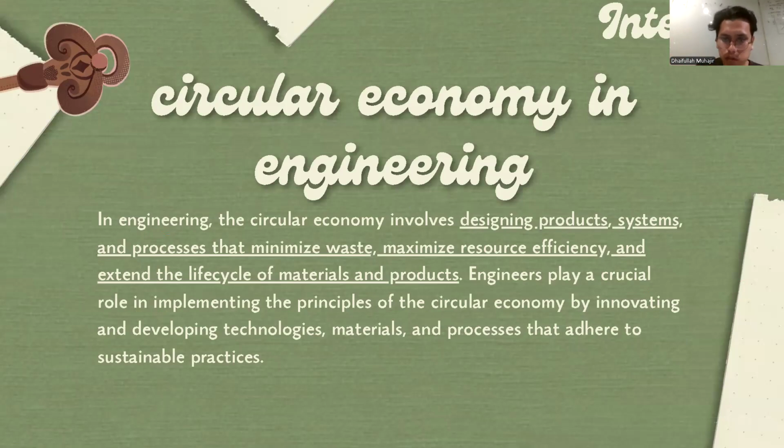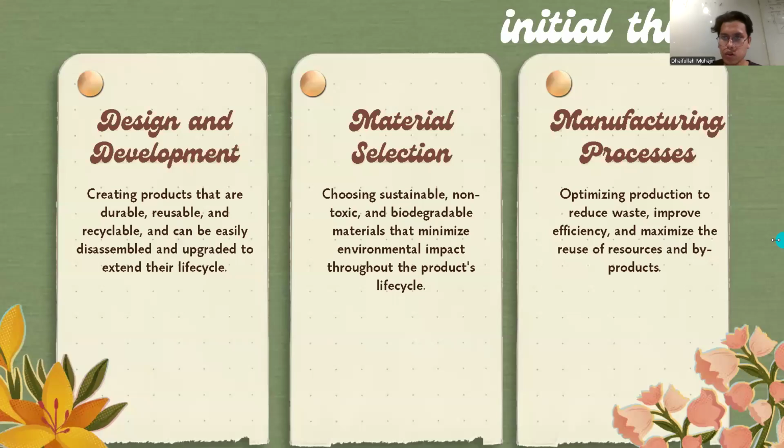Intention is our aim when working on something. So the aim or the intention of circular economy in engineering is designing products, systems, and processes that minimize waste, maximize resource efficiency, and extend the life cycle of materials and products. That is the intention of circular economy in engineering.